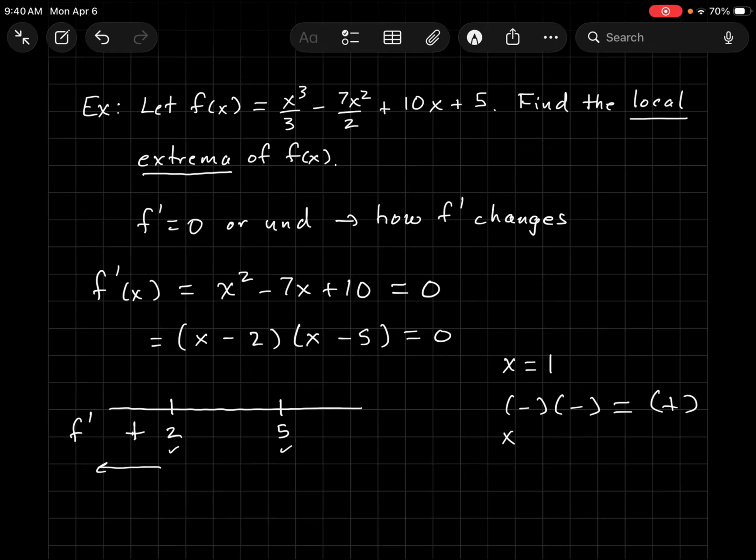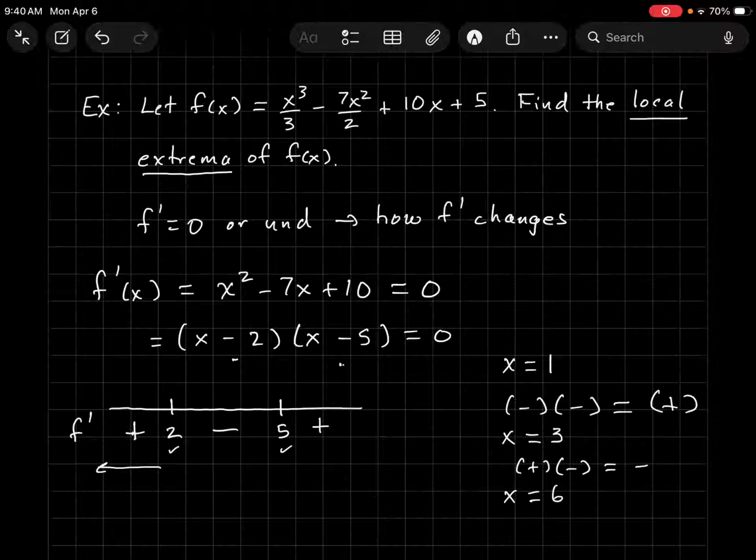Similarly, let's try a value between x equals 2 and 5, let's say 3. If we plug that into f prime, we get positive times negative, which is negative. Any x value greater than 5, let's do 6, plugging in, I get positive times positive. I won't write that down.